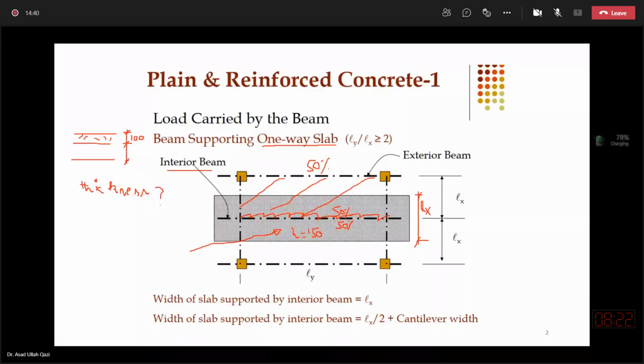So if from the architecture working drawings we have the idea of floor finish, and the thickness decided by the structural engineer is known to us, then I will convert them into pressure by multiplying the thickness with the corresponding densities.